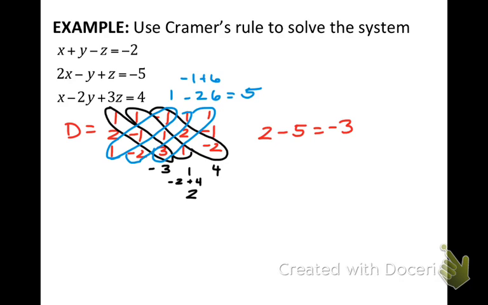All right, so our determinant for the coefficient matrix is negative 3.